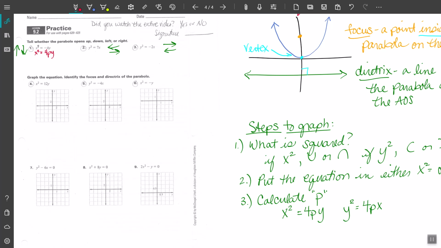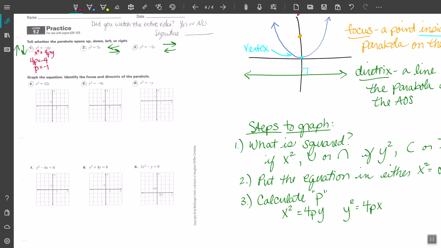So my x squares match up, my y's match up, so my 4p I can set equal to that -4, that coefficient. So I can say 4p equals -4. And then if I solve for p, I get p of -1.